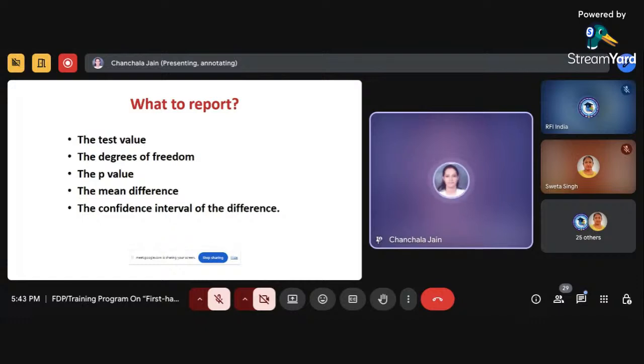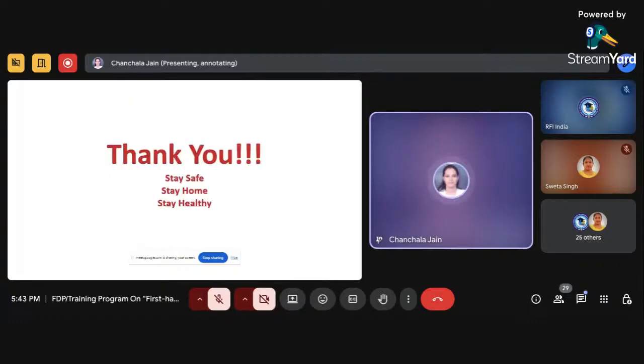In our case, as we are talking about the t-test, we need to report the t-test value, the degrees of freedom, the p-value, the mean difference, and lastly, the confidence interval of the difference. So these things we should report when we are talking about the t-test, right? So this is the conceptual aspect of paired sample t-test. If it is clear, please tell me so that we can proceed to applying the paired sample t-test.